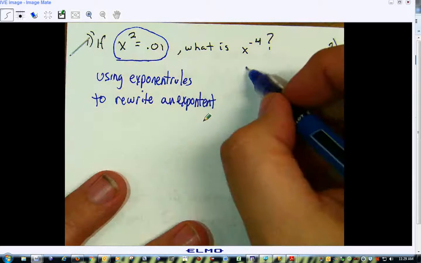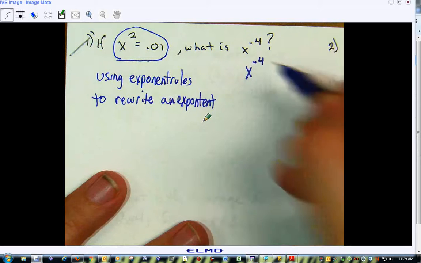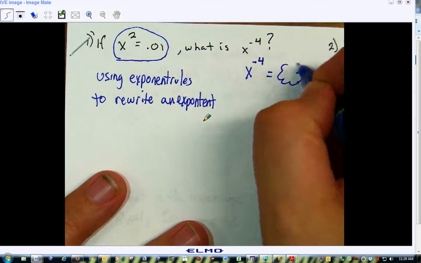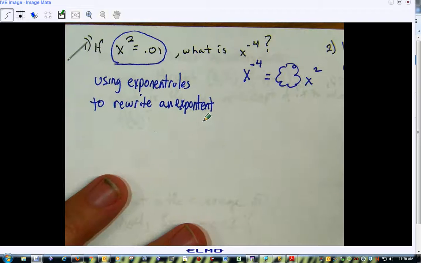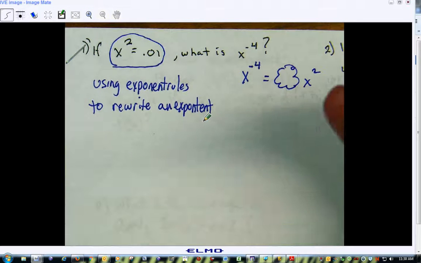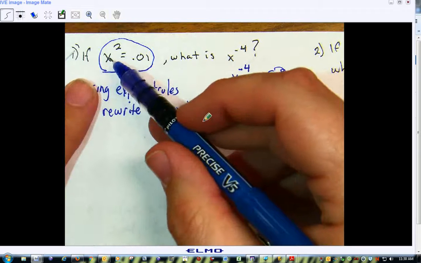Because what we want is x to the negative fourth to be something that has to do with x squared. So we're going to have to figure out what is happening to x squared since we know what the value of x squared is.